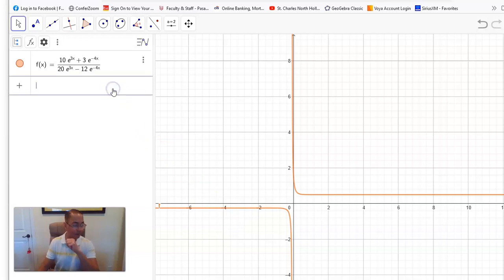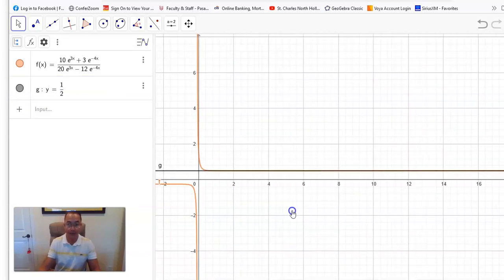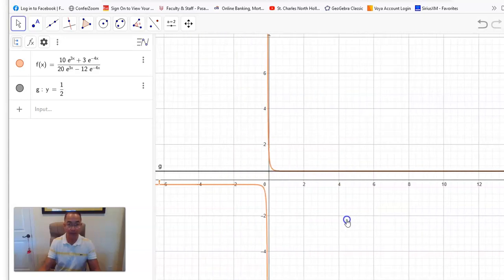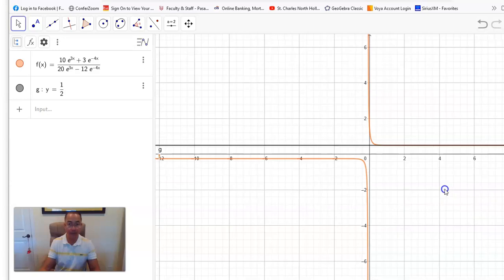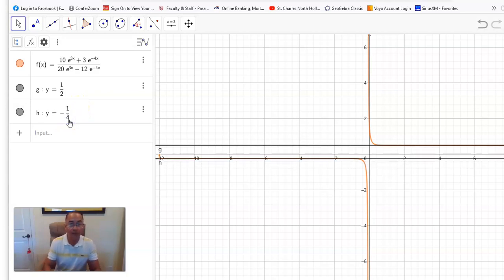We have 2 horizontal asymptotes. We said that to the right, it is 1/2. There it is. As we go to the right, you can barely distinguish the function from its horizontal asymptote, but we get a different horizontal asymptote on the left. Y equals negative 1/4. Oops, typo. There you go.